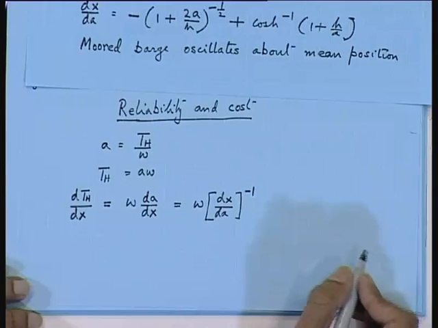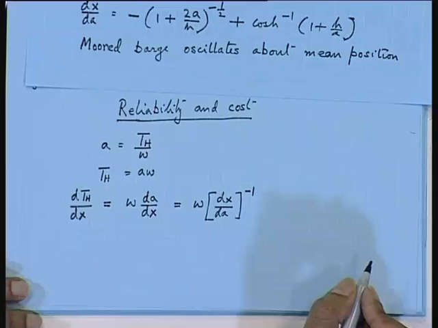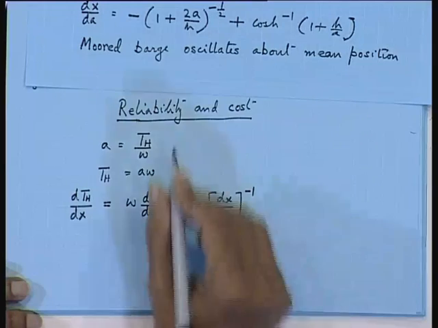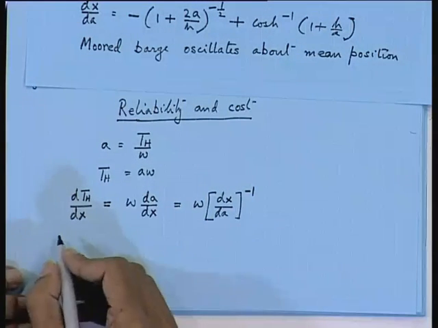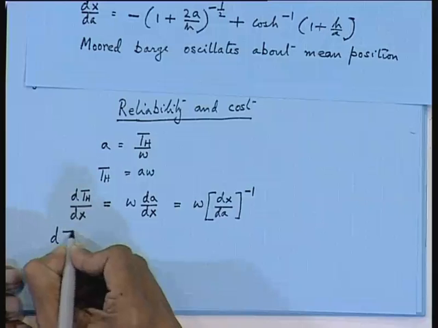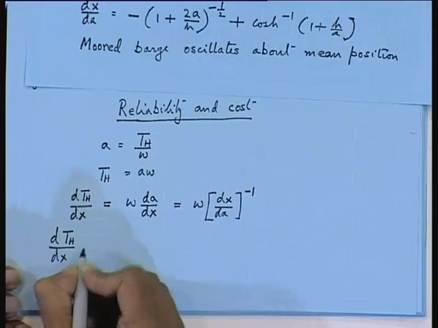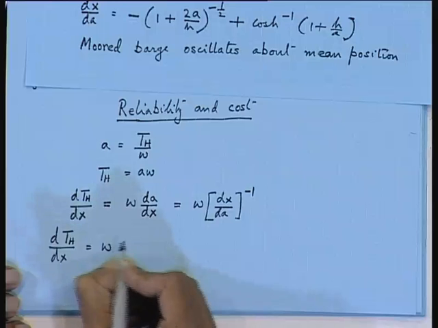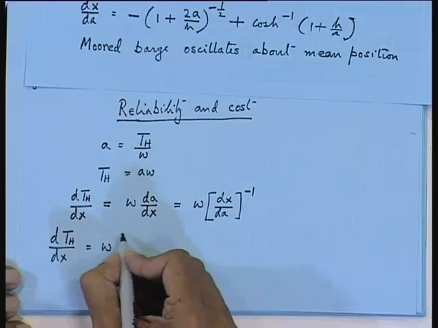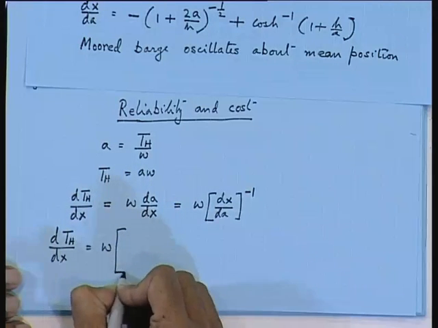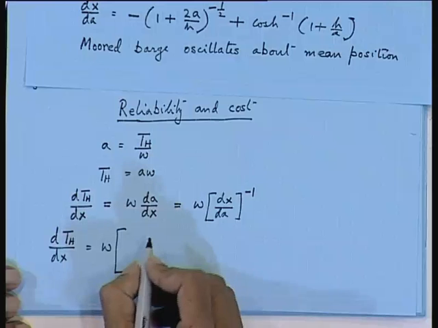Now the equation for x that we have got, we have already found out dx by dA, so our problem is solved. So now you find out this dTH over dx. That is equal to W multiplied by, what? This expression.